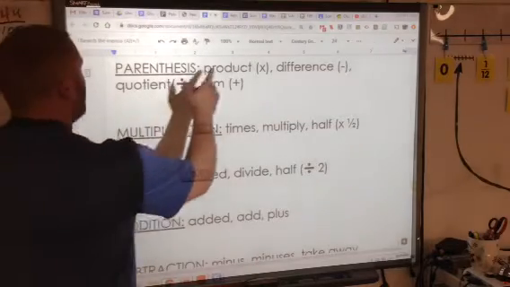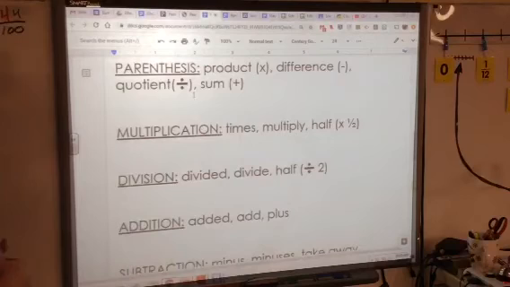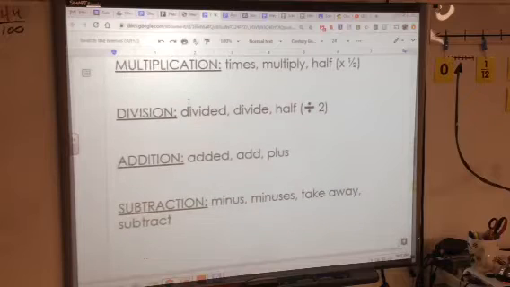So if we see product, difference, quotient, and sum, those are all buzzwords that revolve around the result of those operations. That indicates that it wants us to put it in parentheses because that's what we have to do first. And then all these other buzzwords just indicate no parentheses, and it just shows us that we need to perform that operation with two numbers.